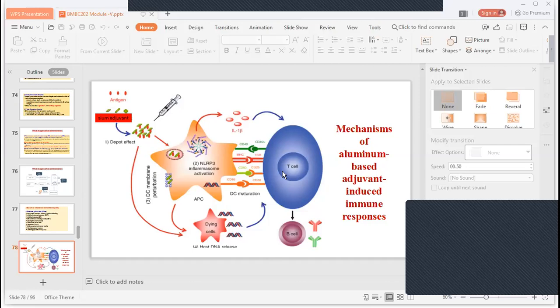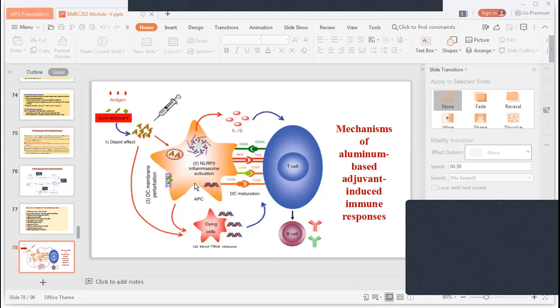This is known as nucleotide binding and oligomerization, this NLRP3 inflammasome. So these are the nucleotides. They will bind with the leucine-rich repeats. So this inflammasome is a nucleotide binding and oligomerization leucine-rich repeat pyrin domain containing 3 inflammasome.